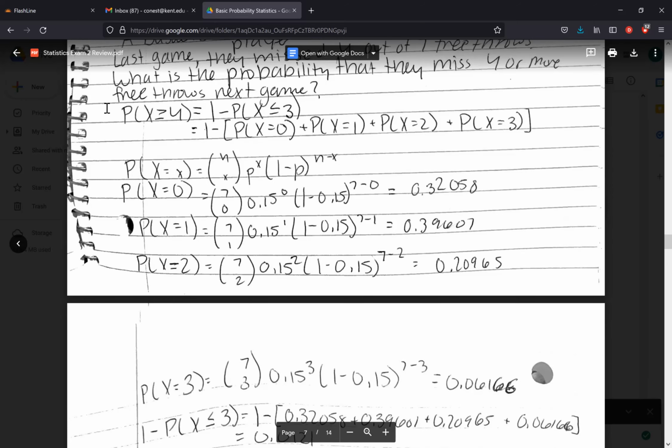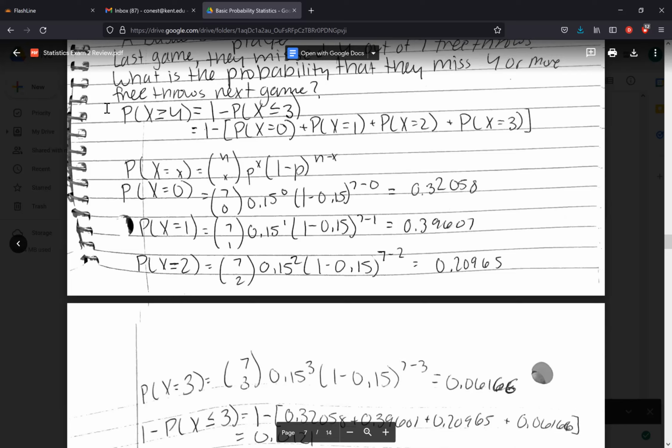The total number of free throws that we know we have to work with is 7. So that's our n. And so for the probability that they miss 0 free throws, it's going to be 7 choose 0. And if you don't remember the combinations formula, go back up in the PDF of this review.